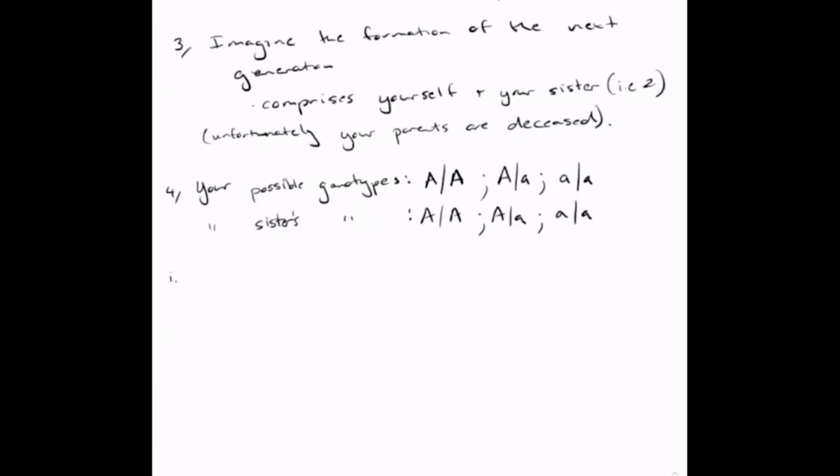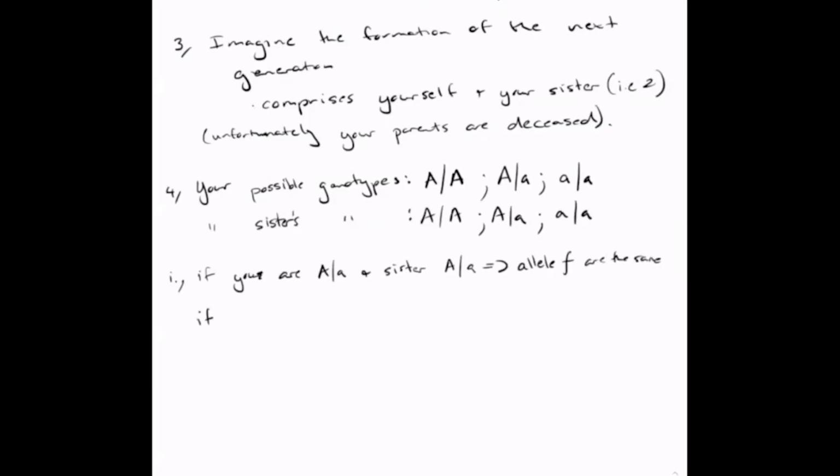In the scenario that you are a heterozygote and your sister is a heterozygote, and our population just has you and your sister, then we have 2 copies of big A and 2 copies of little a, so the allele frequencies have stayed the same.